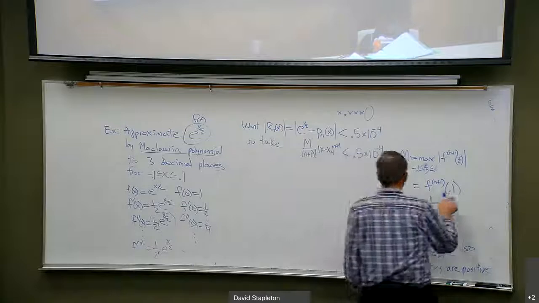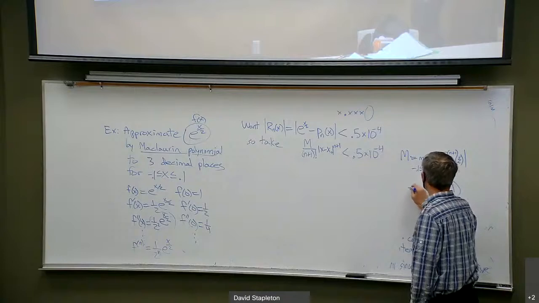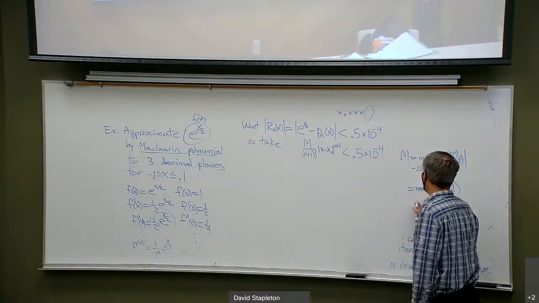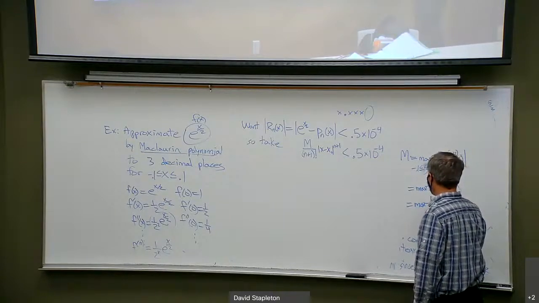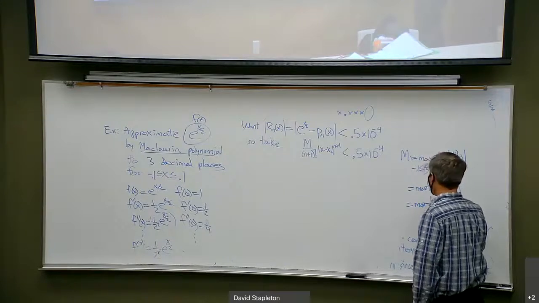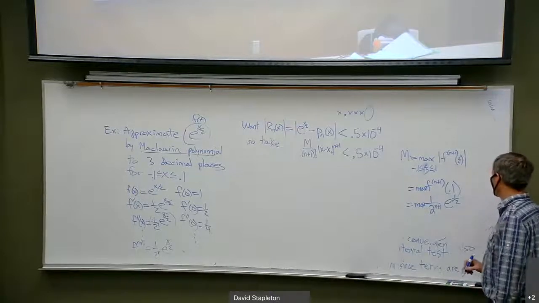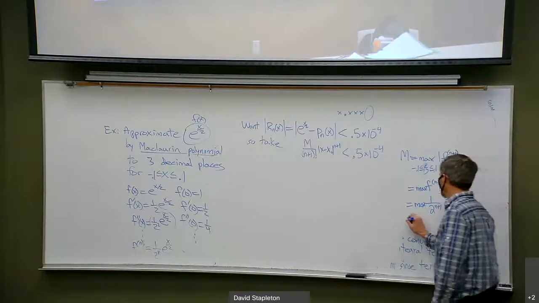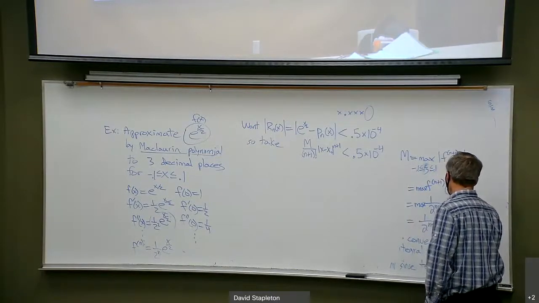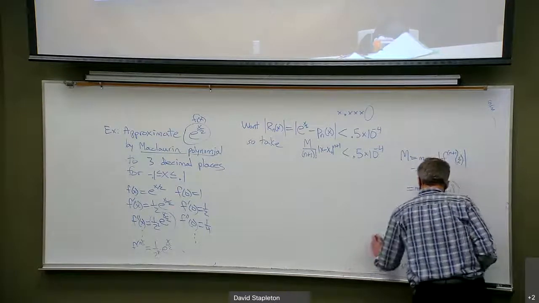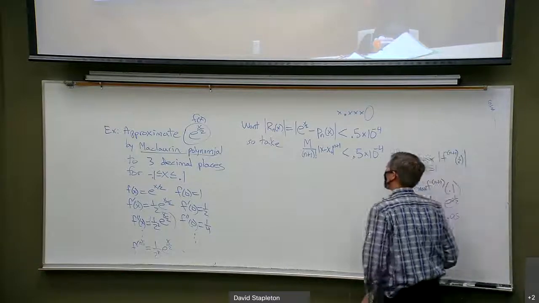So at 0.1, what you have is 1 over 2 to the n plus 1, e to the 0.1 over 2, which is 1 over 2 to the n plus 1, e to the 0.05. So there is a bound on the n plus first derivative that we can call M.